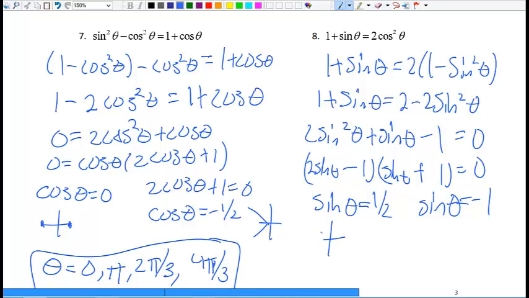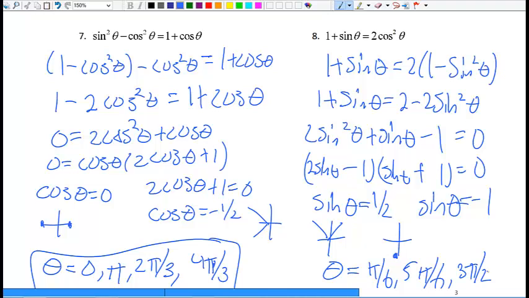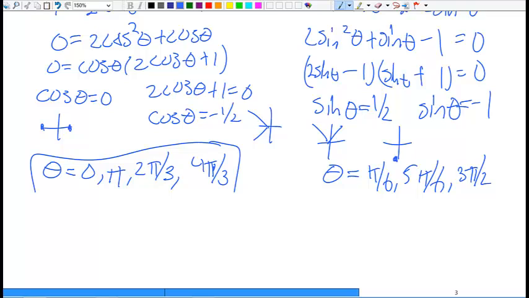Well, where do I find a positive sine? Sine is positive in the first and the second. And sine is negative 1 down here at 3 pi halves. So putting this all together, I get pi over 6, 5 pi over 6, and 3 pi halves. And there we go.